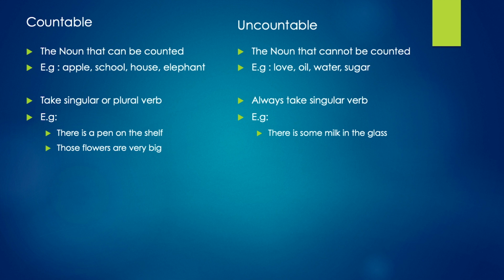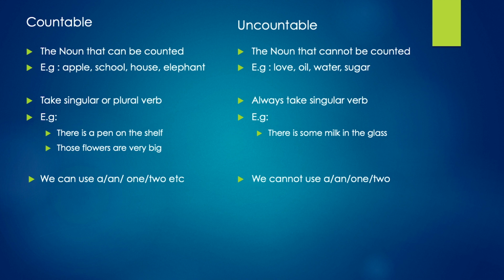Milk is an uncountable noun and it takes a singular verb. In the case of countable nouns, we can use a, an, one, two, etc. in front of the nouns, but we cannot use these words in front of uncountable nouns.